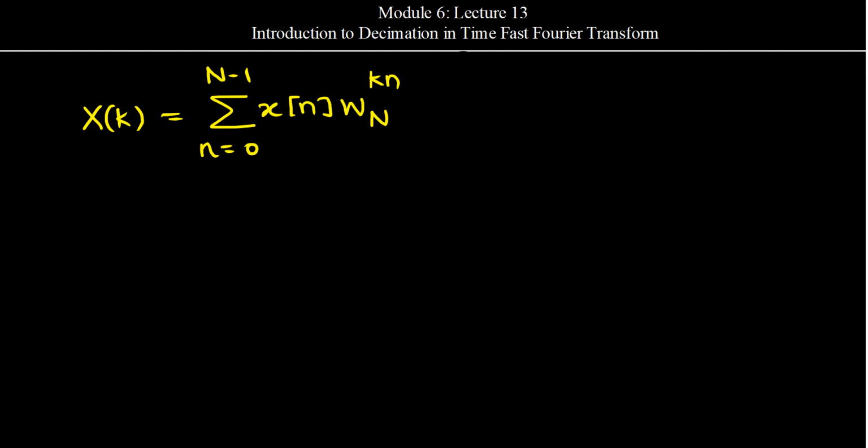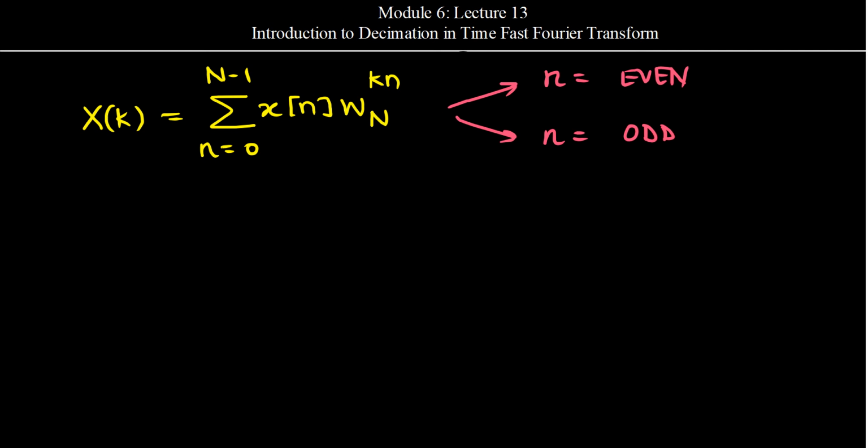So for that, let us initially consider this DFT equation, and now what we will do is we will just split this equation into two summations, where first this n is even and the second in which this n is odd.